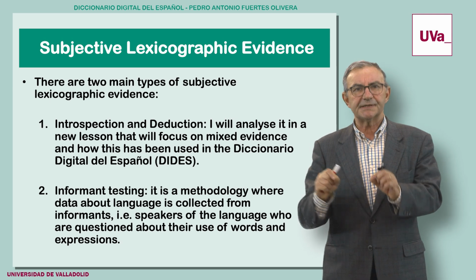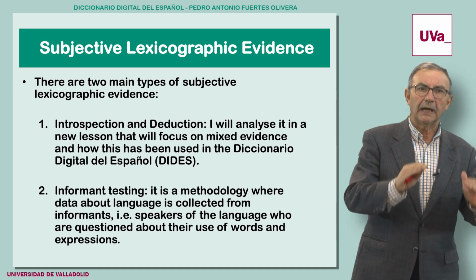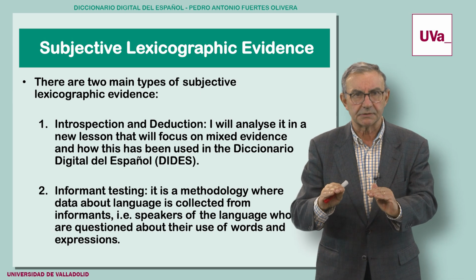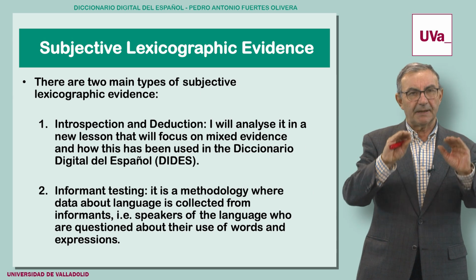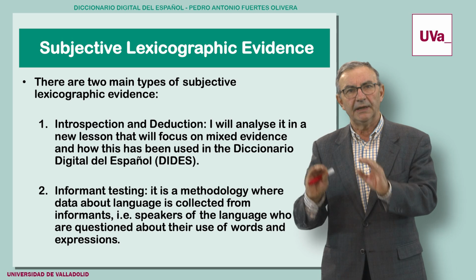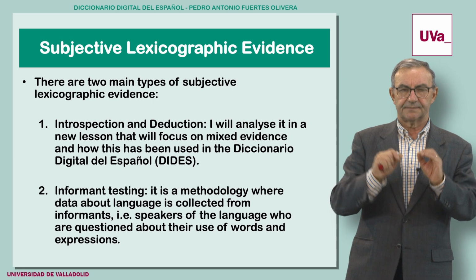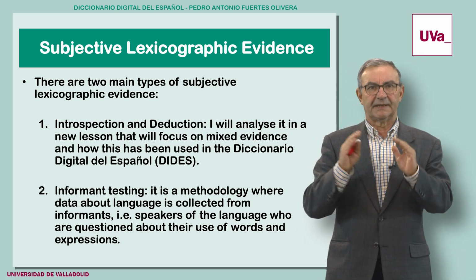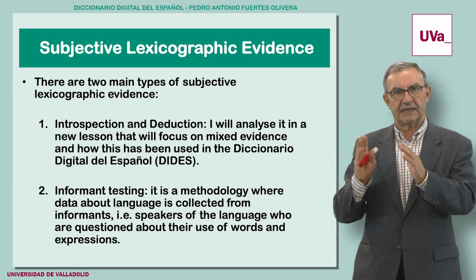One of them is introspection and deduction, and I will analyze this in a new lesson that will focus on mixed evidence and how this subjective lexicographic evidence has been used in the compilation of the Diccionario Digital del Español, DIDES. The second method is informant-testing, and this is the method that I will explain in this lesson.